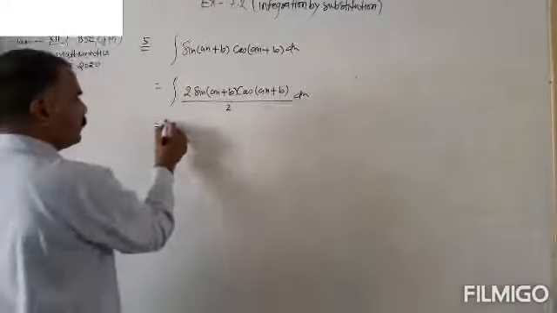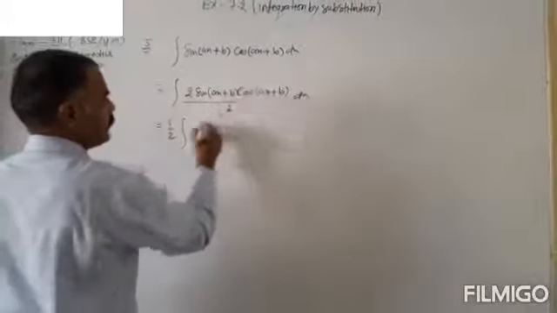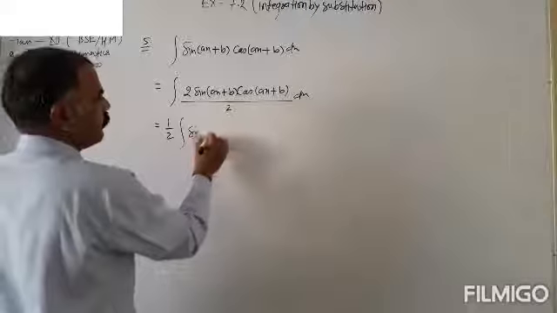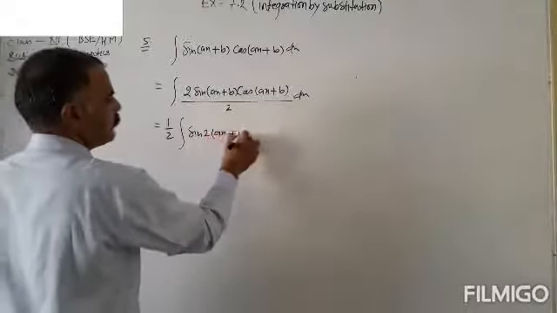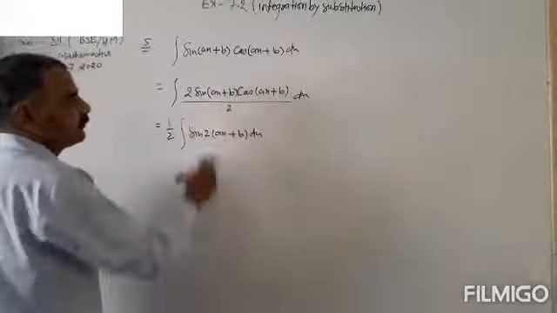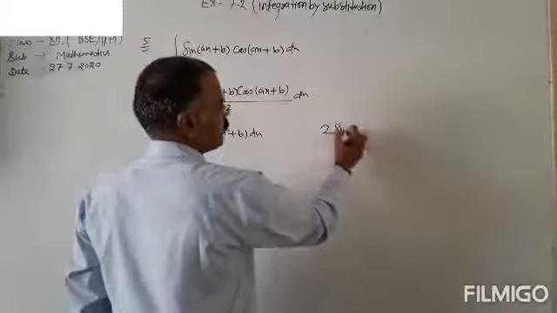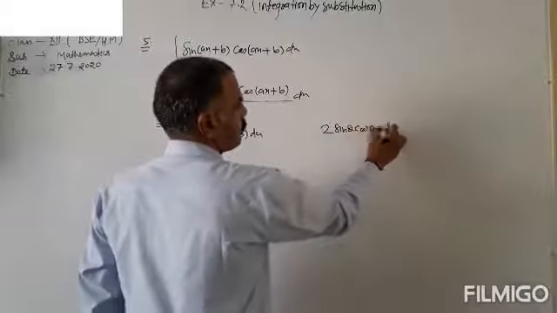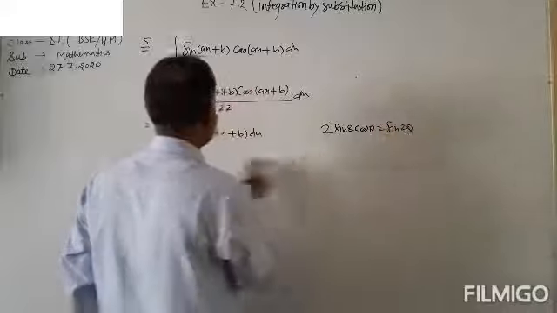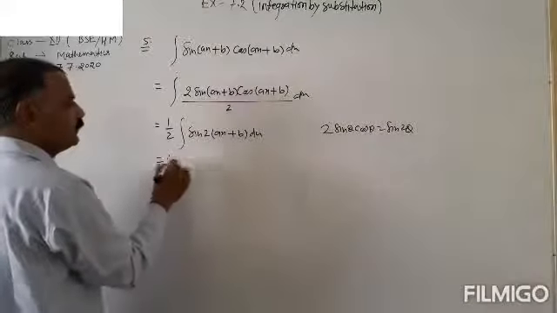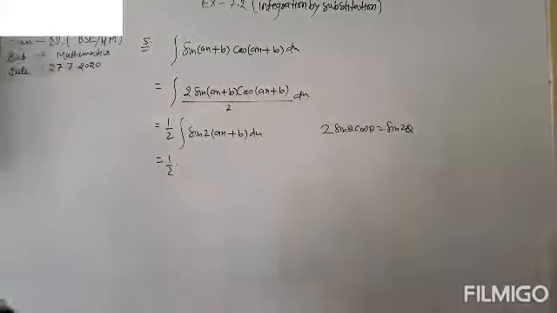So now this is 1 by 2 times the integral. 2 sin theta cos theta is equal to sin 2 theta, so this is sin 2 into (ax plus b) dx. So 1 by 2 into sin 2 theta.